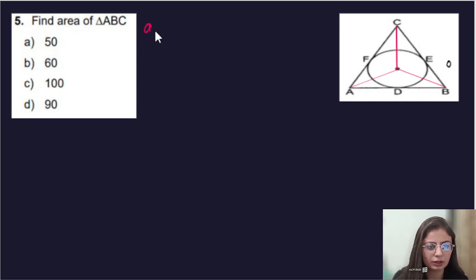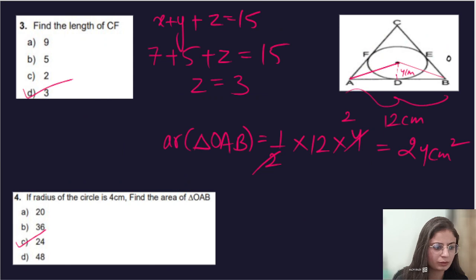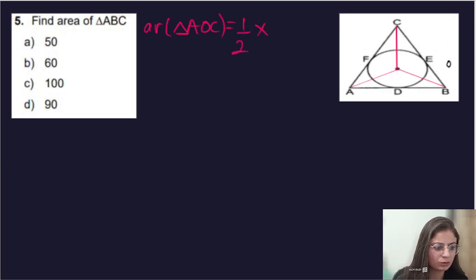So the area of triangle AOC: again, we will use the same formula, half into base. What is AC? AC is 10. So we will use AC equals 10 and height would be the radius of the circle, which is given as 4 centimeter. So this will be 20 unit square.